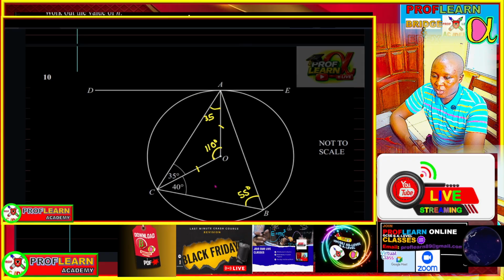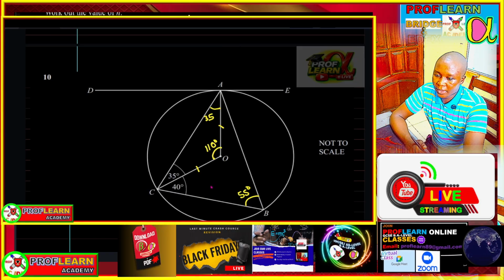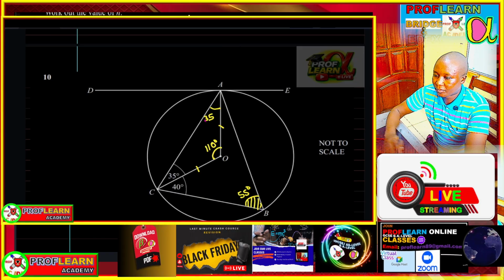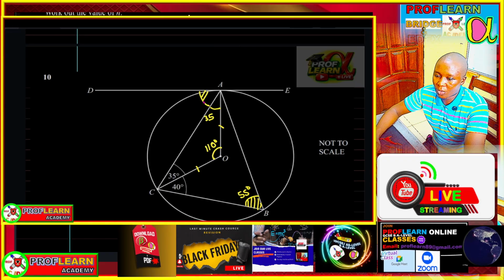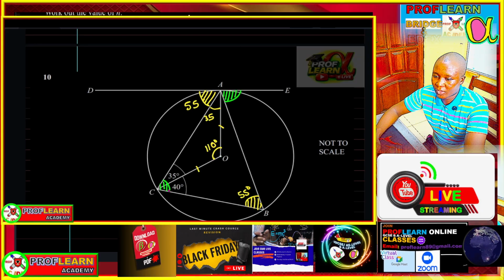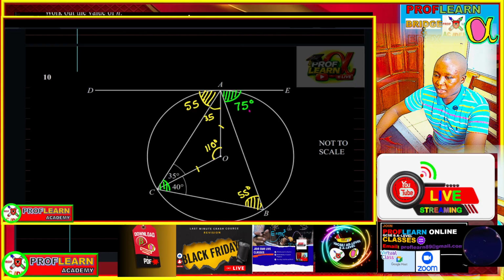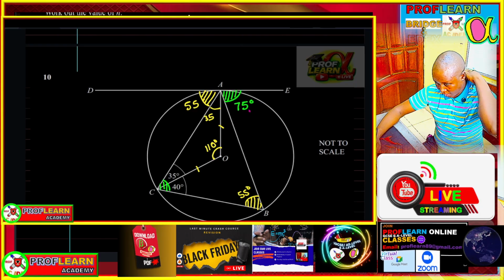Then we can also remember another concept: this angle is in alternate segment with B, so this is 55, and this angle here is in alternate segment with angle ACB, so that is 35 plus 40, which is going to be 75. The whole of this angle is in alternate segment with this, which is going to be 75 there.